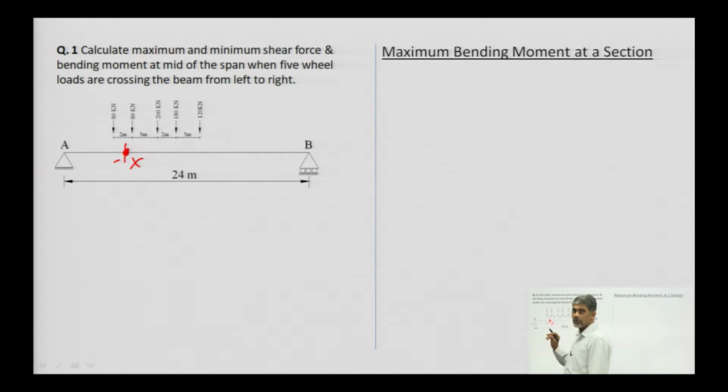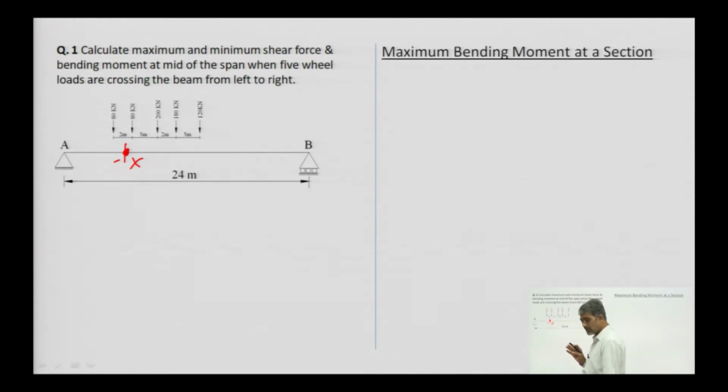In such conditions we notice the point load which is responsible for altering the loading in these two segments. And the other type of question is: when the load system is crossing a beam, what is the maximum bending moment over the beam?